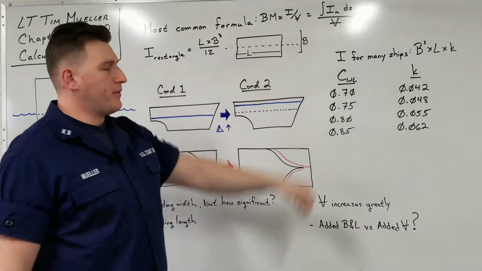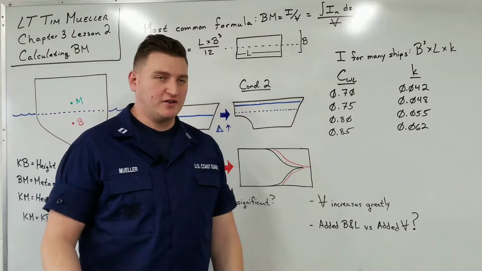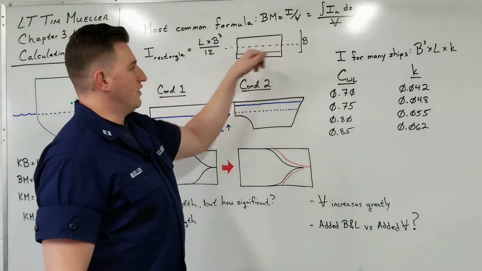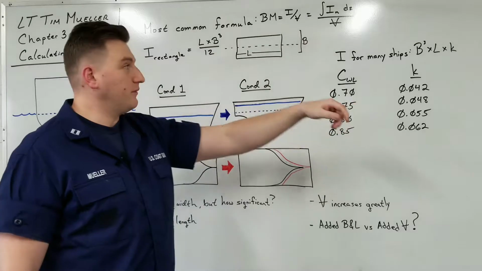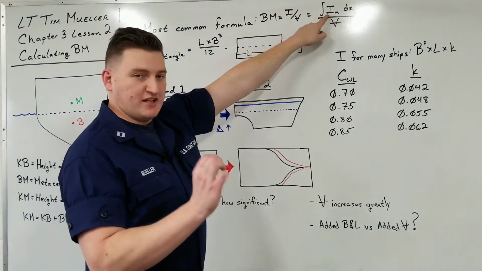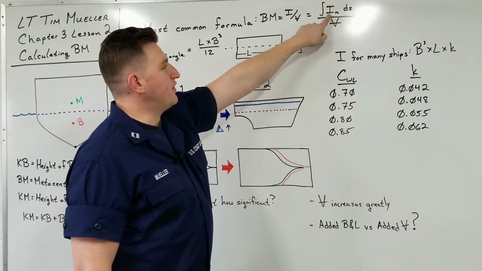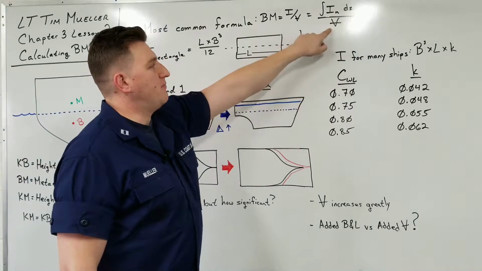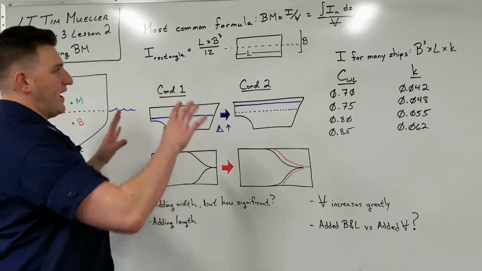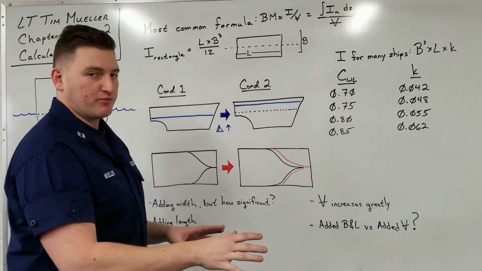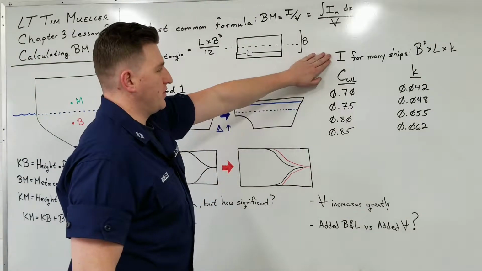Now in order to take the moment of inertia of the water plane, we need calculus. So we're going to integrate along the longitudinal axis from all the way stern to all the way forward of each individual piece's moment of inertia, then divide it all by the submerged volume. When we're talking about ships, we can estimate this to a very good approximation using this formula here.